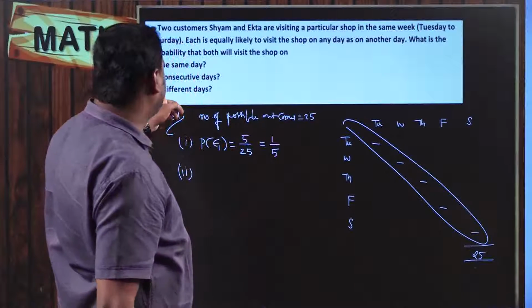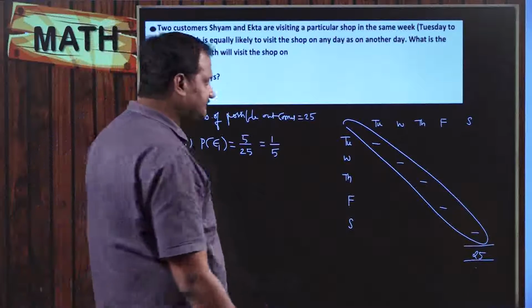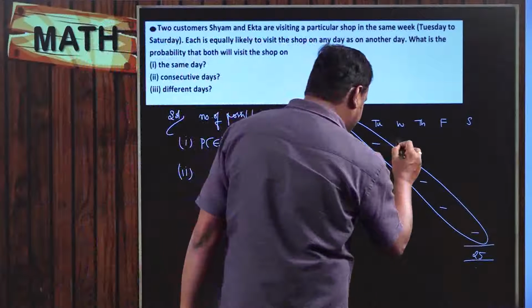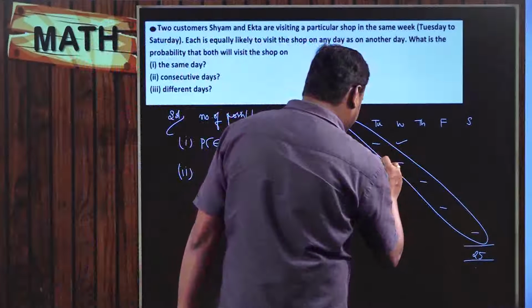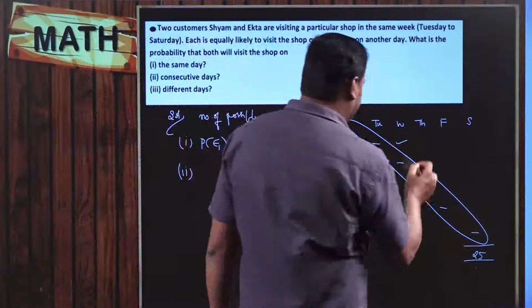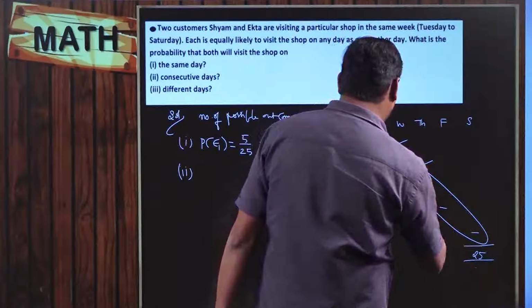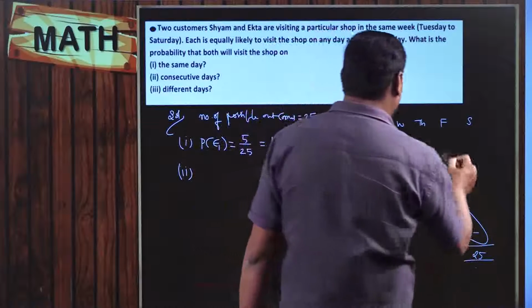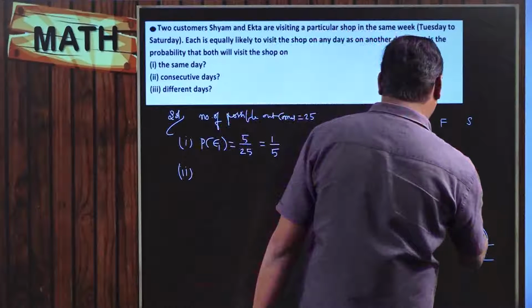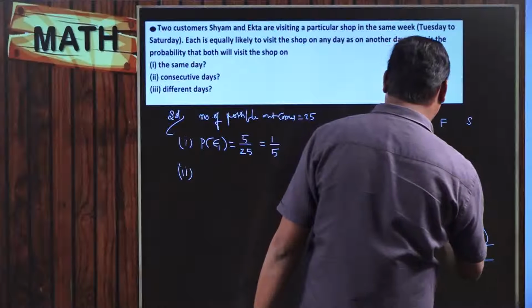And what is the second one? Consecutive days. Consecutive days means what? Tuesday, Wednesday and Wednesday, Tuesday. Both come under consecutive days. And Wednesday, Thursday and Thursday, Wednesday will also come. And then Thursday, Friday and Friday, Thursday will also come under consideration.